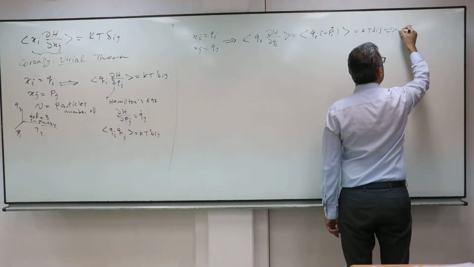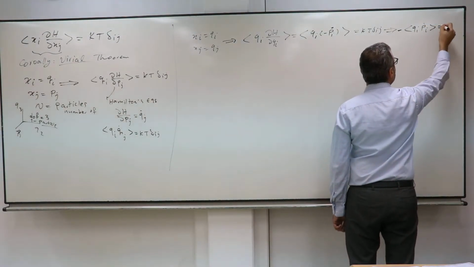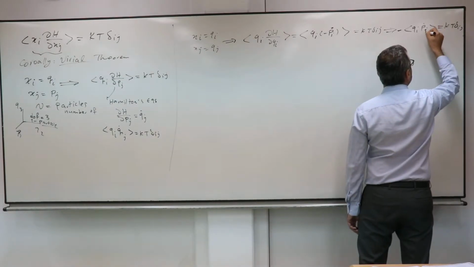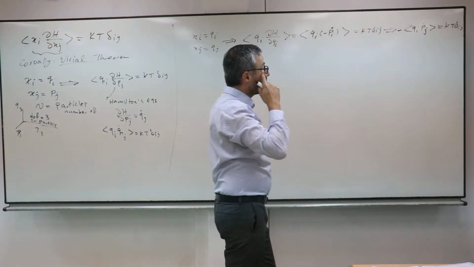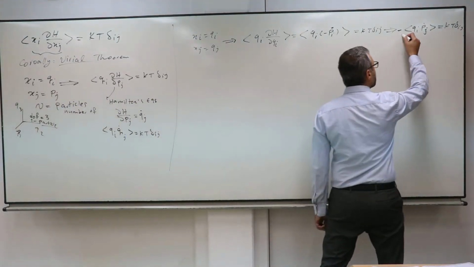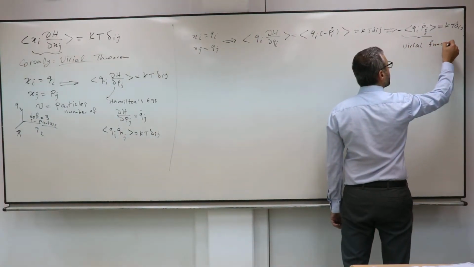So it seems that a quantity appears here for one particle, and this quantity is a very important quantity. qi dot j. This quantity is called the virial for one particle, the virial function.